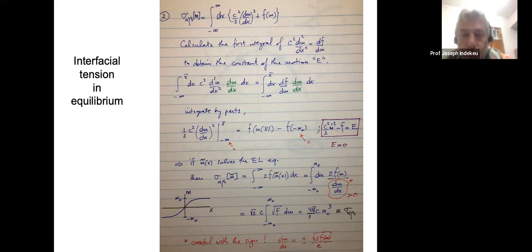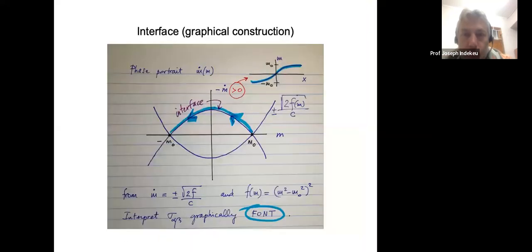So this constant of the motion permits us to obtain a graphical construction, which is the following. So the gradient m dot, dm dx, is plus or minus the square root of 2f over c. Now f is this function.